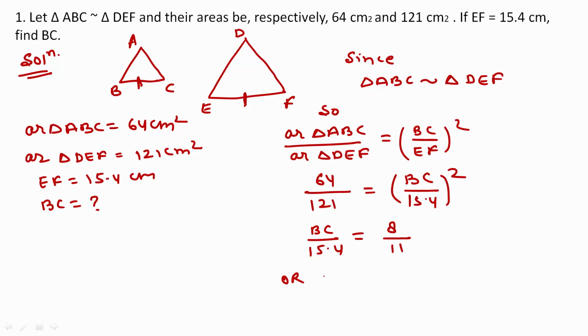So BC is equal to 8 into 15.4 upon 11. 11 cancels out: 11 ones are 11, 11 fours are 44. This will be equal to 8 times 1.4, which is 11.2 centimeter.